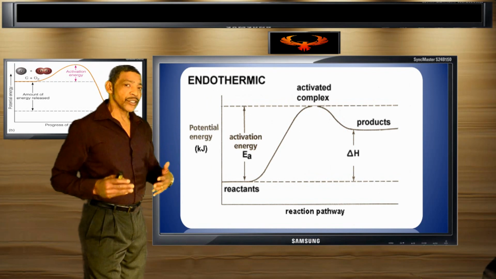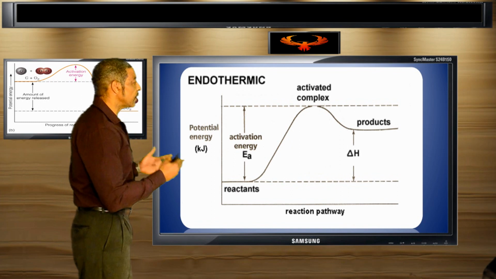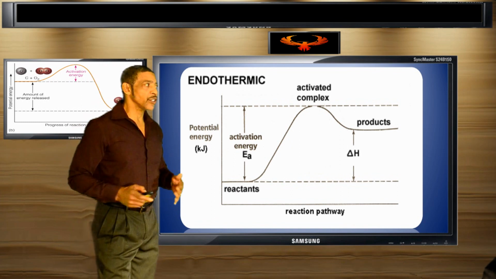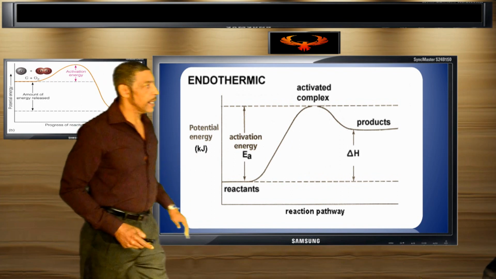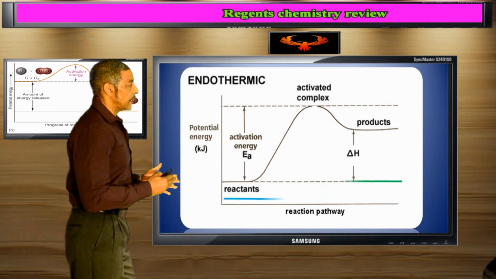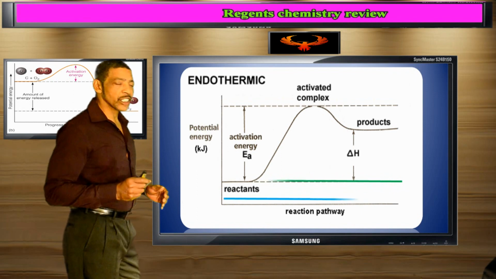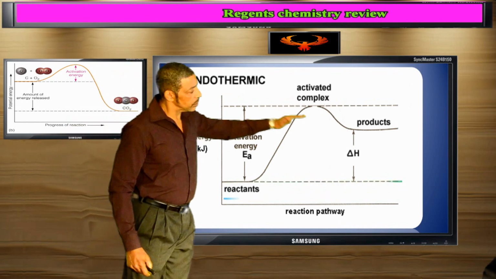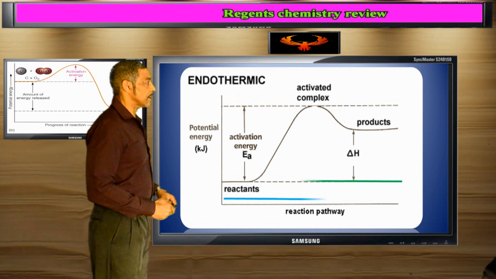A potential energy diagram will provide a relative measure of the amount of energy stored in the reactants and the products in a chemical reaction, and the change in energy that occurs as the reaction proceeds in the forward or reverse direction.